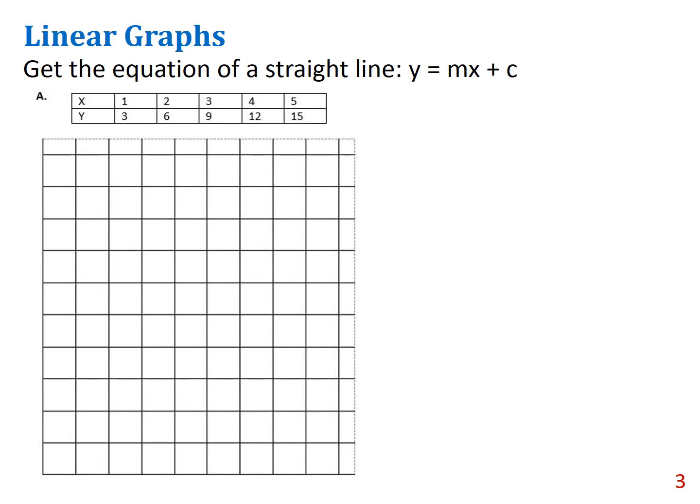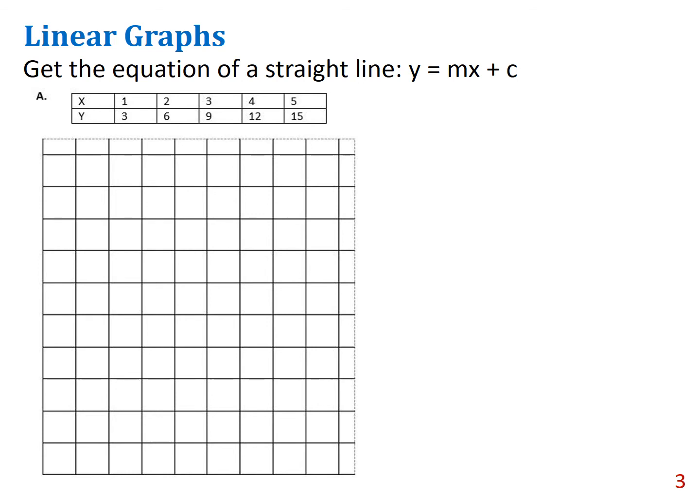When we plot data, a number of points, often we need to find the line of best fit and find the equation of that line. So the first thing we do when we get a graph like this is, of course, to scale the axes. Put numbers along the x-axis and the y-axis.